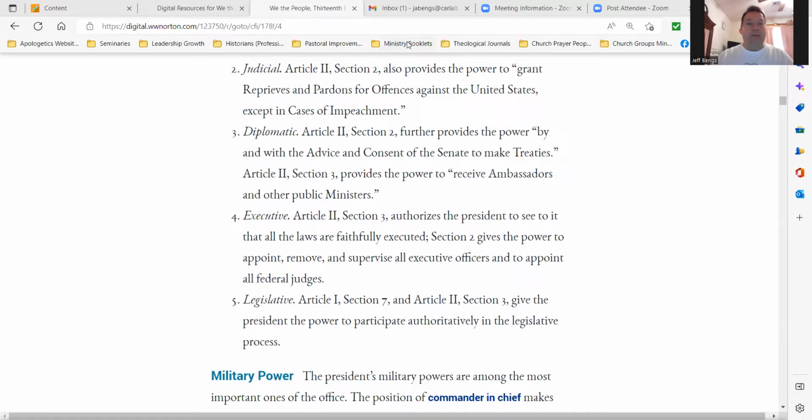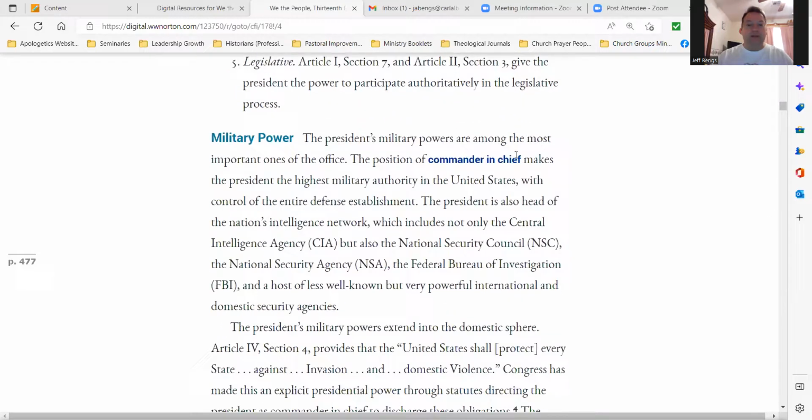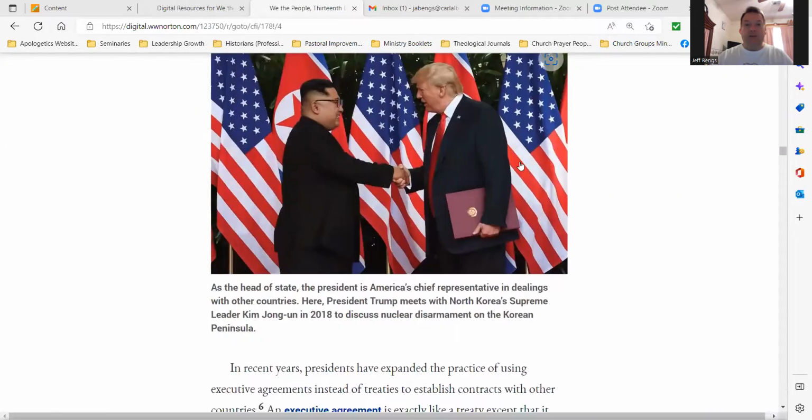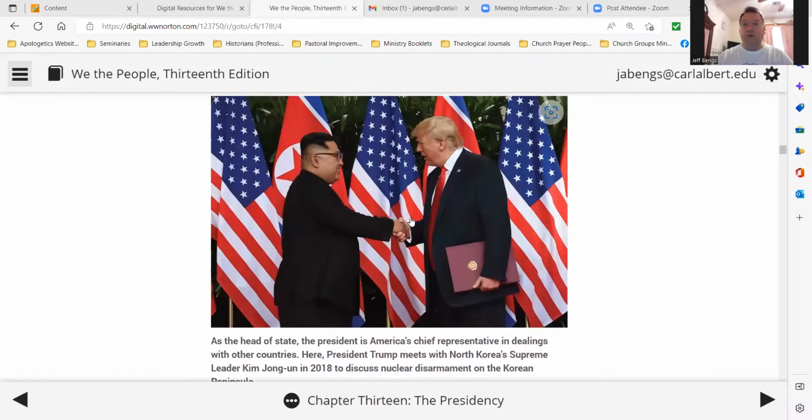Do you all remember, well, there's a picture here in the book. Do you remember President Trump meeting with this guy, North Korea's leader, Kim Jong-un? And let's just say, in theory, he and Kim Jong-un decided to make a treaty.